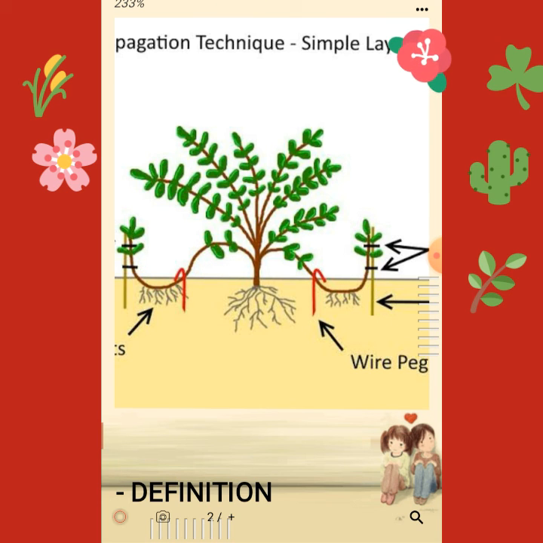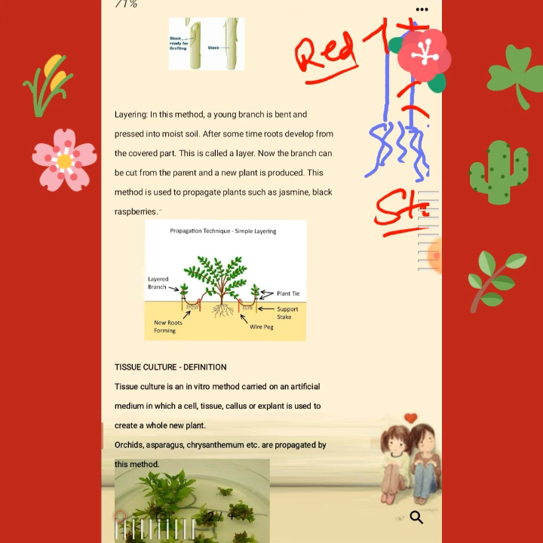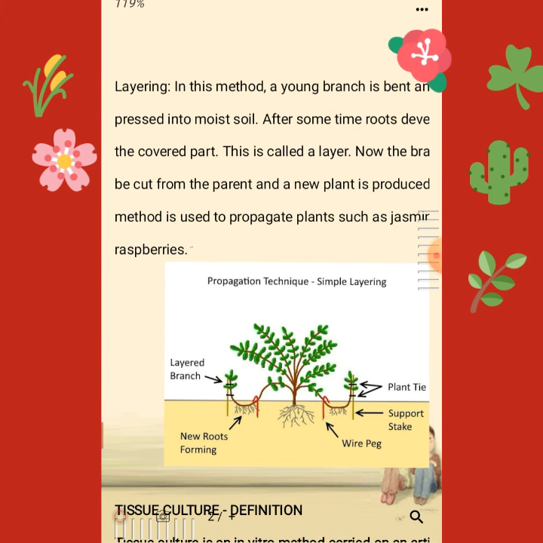So where do we see this layering process? Generally, layering is a method in which a young branch is bent and pressed into moist soil. After some time, roots develop from the covered parts. This is called a layer. Now, the branch can be cut from the parent and a new plant is produced.